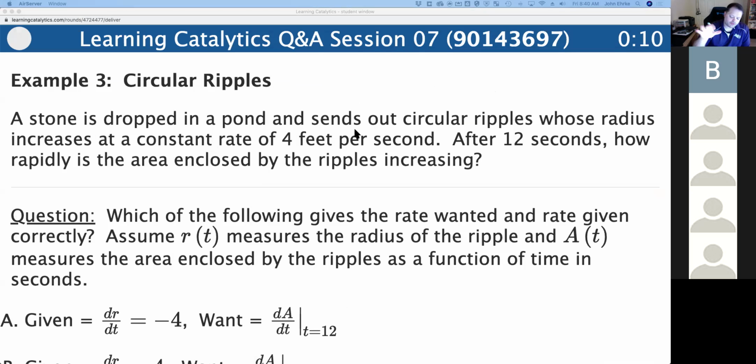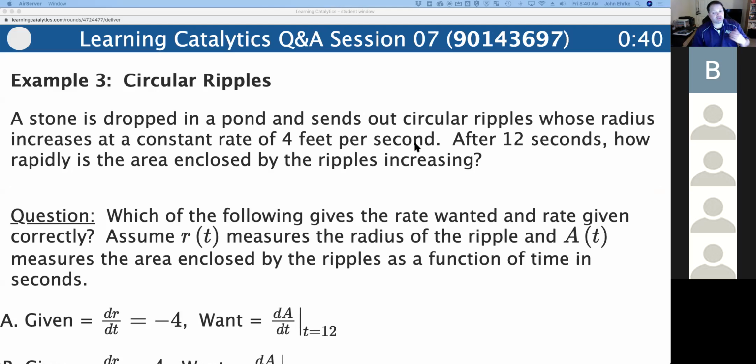What it would do is send out circular ripples. If you take differential equations someday, I'll tell you what the equation is for those ripples. It's actually a cool problem. The radius increases at a constant rate of 4 feet per second. So the rate at which the ripples are going outward from the splash point is 4 feet per second. After 12 seconds, how rapidly is the area enclosed by the ripples increasing?